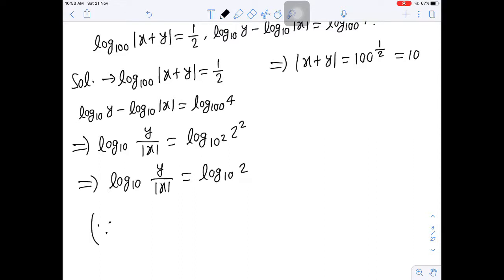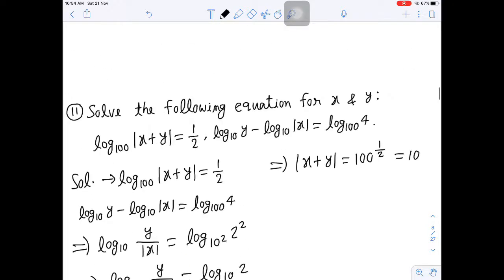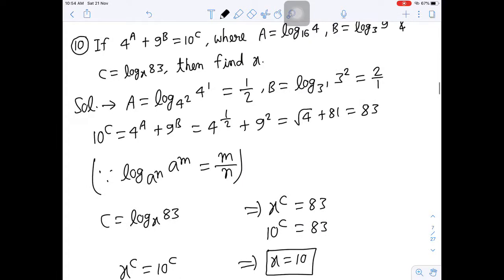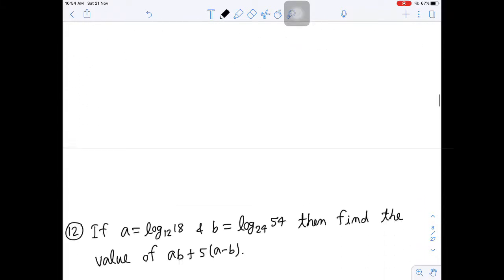Suppose you have log b to power n, and the base is a to power n. So that will be equal to log b base a. Why should it be log b base a? The reason is that whenever you have the power, like you have the power here as n and n, according to the previous rule, this works for different numbers also.